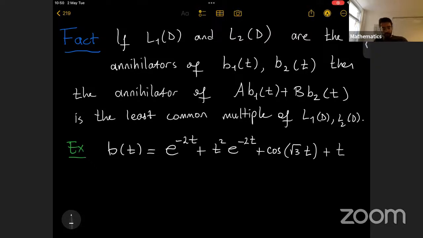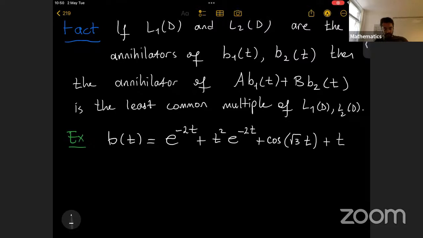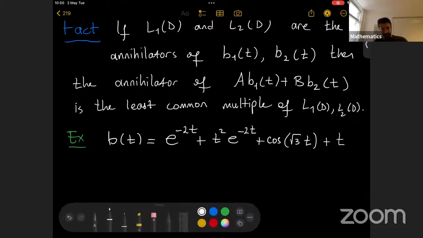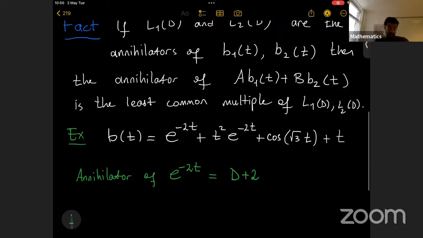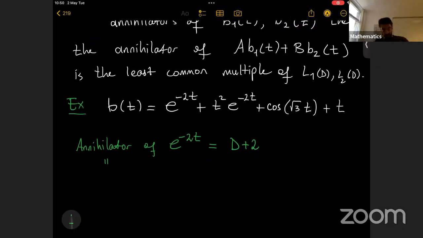Well, let's find the annihilator of each of the functions in this b(t). For instance, the annihilator of e^(-2t), we know this is D plus 2, right? And similarly, the annihilator of t squared times e^(-2t). Now remember, when you multiply with t^k, you take the (k+1) power.